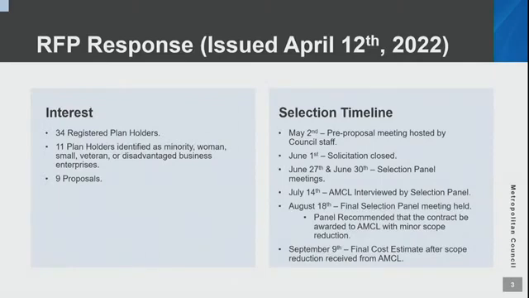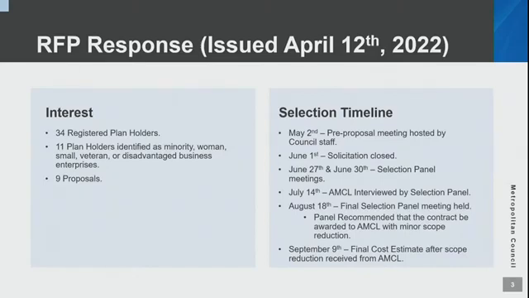So just diving into it, the RFP was issued in April of this year. We did receive 9 quite detailed proposals, and a selection committee selected the firm AMCL as the firm that could best deliver the outcomes that we wanted for this project. We then interviewed that company.